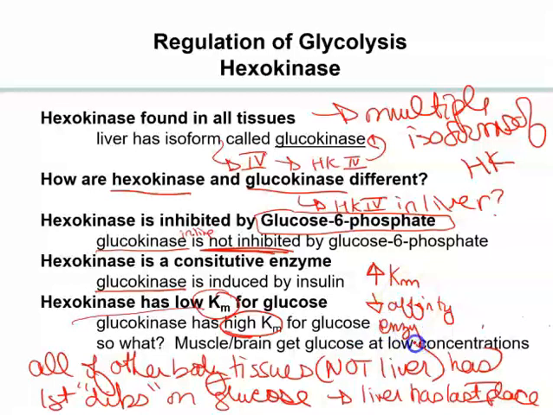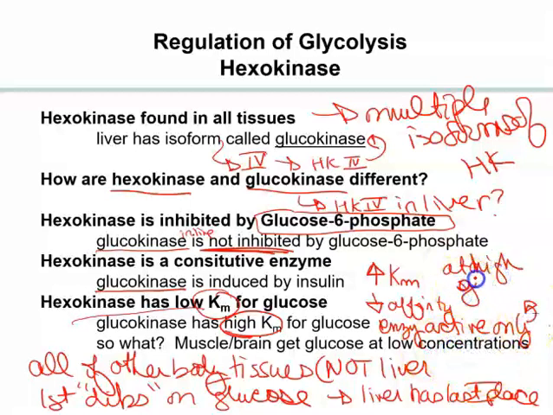So the enzyme is active only at high glucose concentration. This means that the liver has last rights, or last chance at glucose.